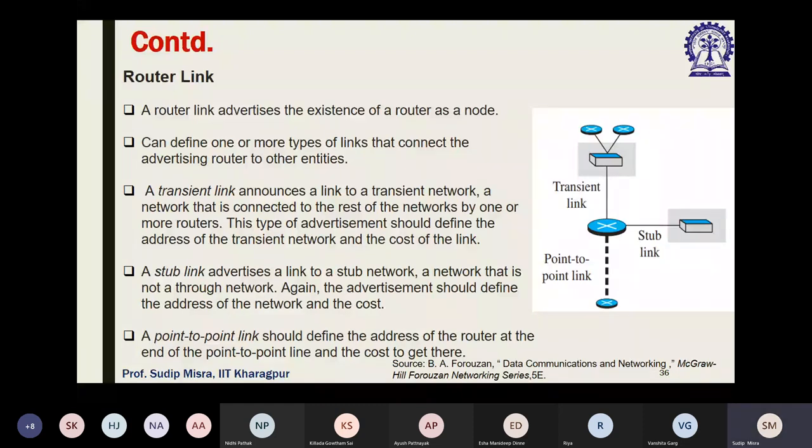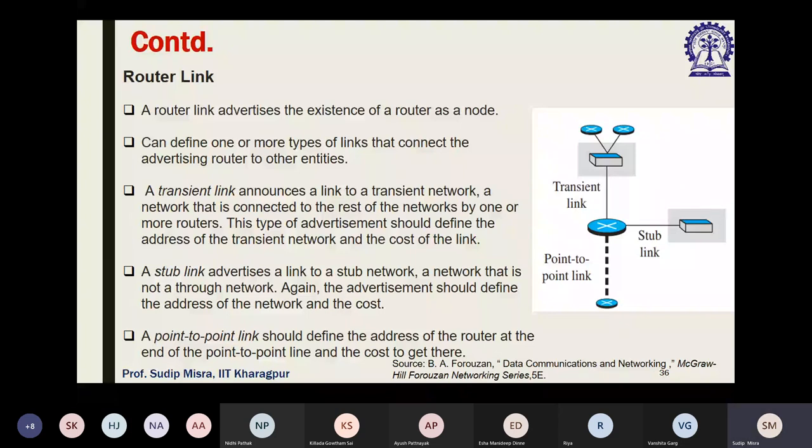Then you have the stub link. This is the stub link which advertises a link to a stub network. So stub network means what? That this is a stub for an actual network, which is kind of abstracted from it. So this is called the stub link.